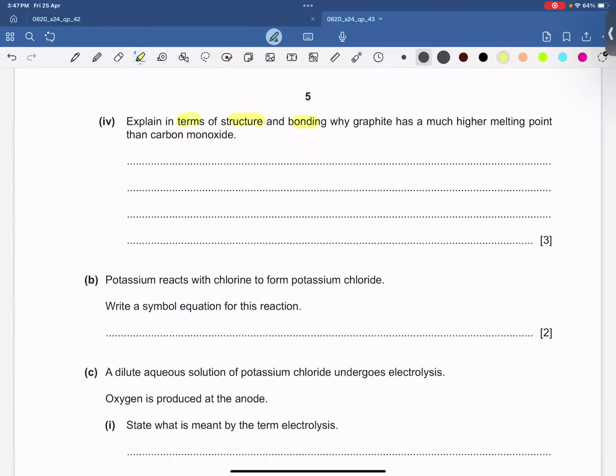Explain in terms of structure and bonding why graphite has a much higher melting point than carbon monoxide. Graphite has a giant covalent structure with lots of covalent bonds.